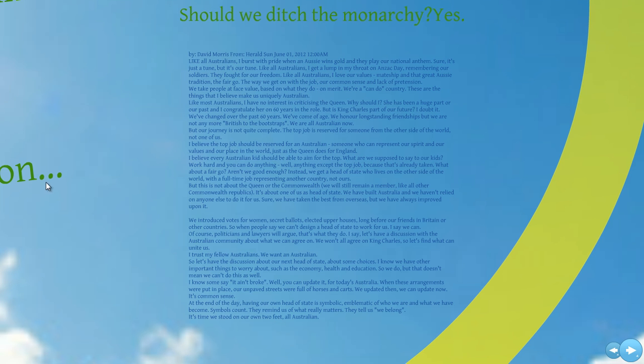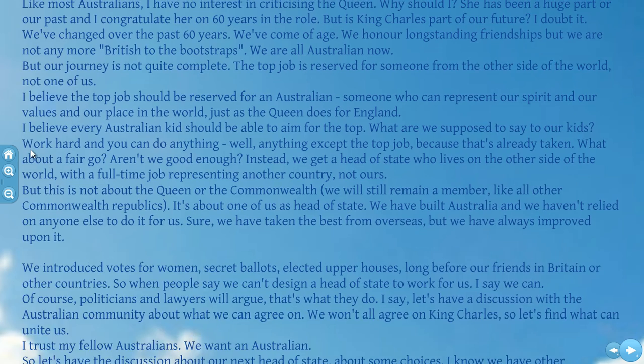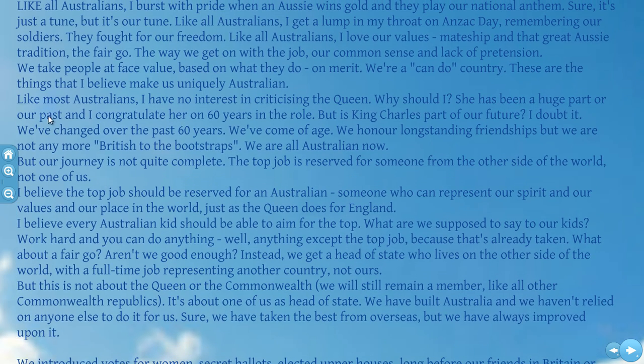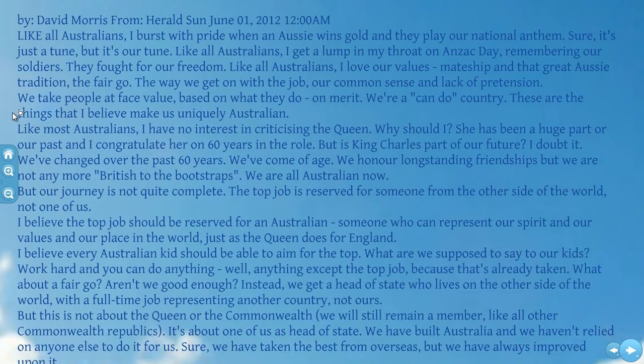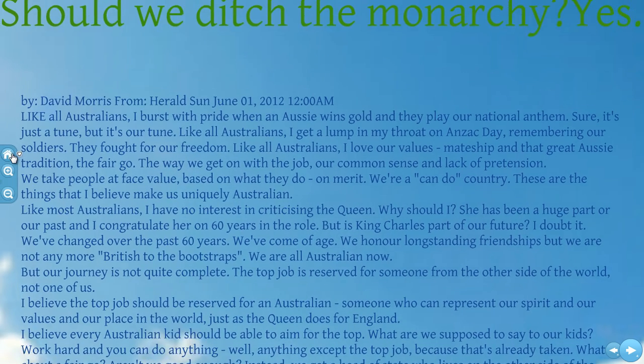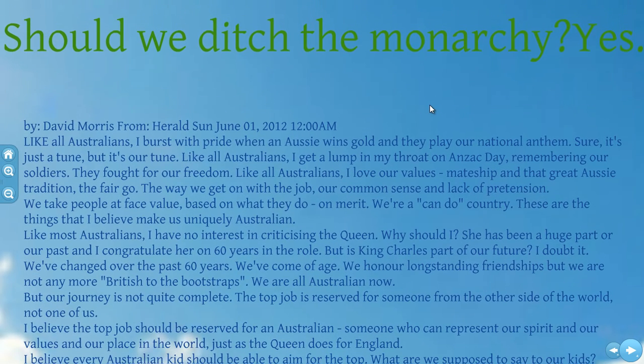So this is the one that I'm going to talk about in a bit more detail, so you need to read this one. Should we ditch the monarchy? Yes. Zoom in a little bit on this one. Okay, so it's a piece from the Herald Sun. The contention is very clear. It's about turning Australia into a republic and abandoning the Queen as Australia's head of state.